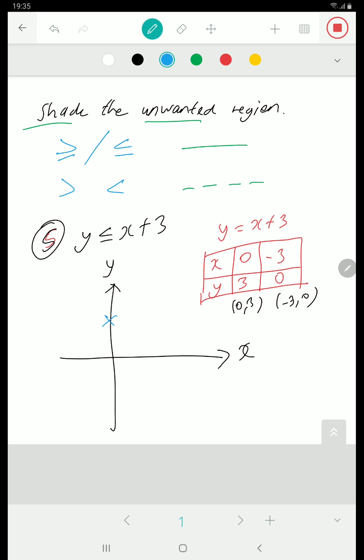Perhaps here, roughly. Okay. And then negative 3, 0. It should be here. Okay, so we have 2 points now already. 0, 3, I put here for the first time. Negative 3, 0. Then this is less than equal, means supposed to be a straight line. So I draw a straight line.